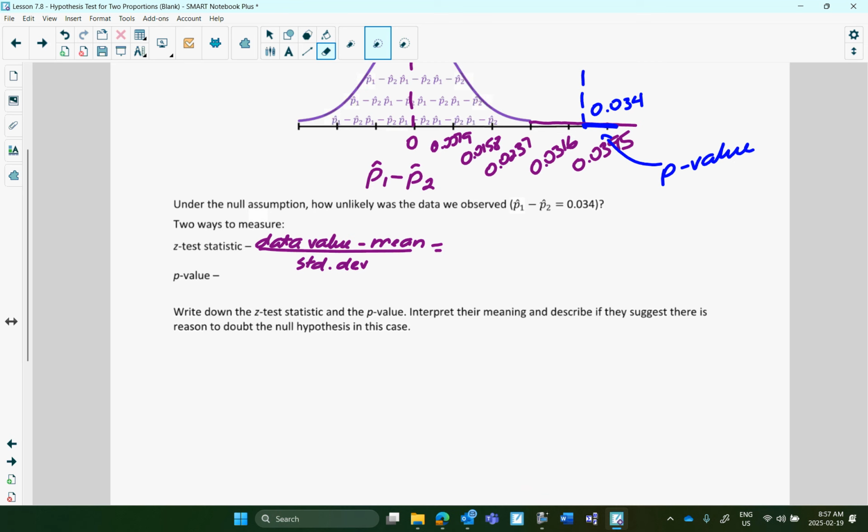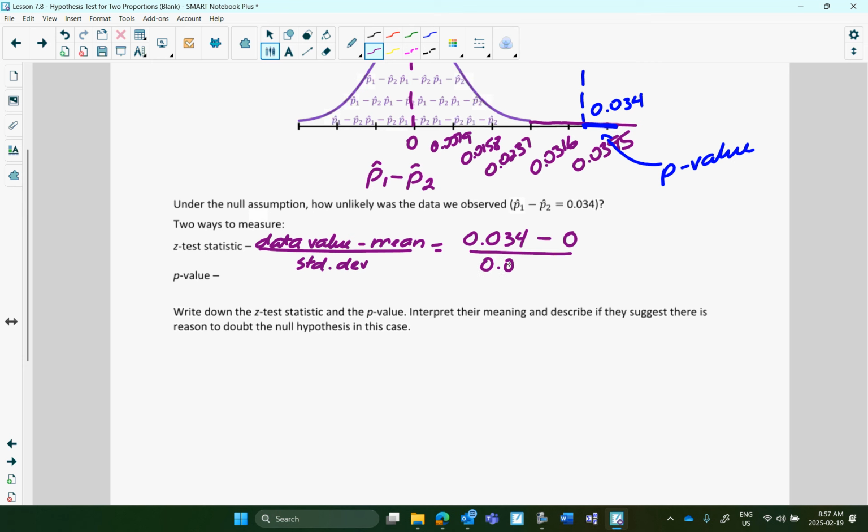So remember, our data value was the difference we got in our sample. The mean is the average you see above. It was 0. It's what we assume is going to be the mean under the null hypothesis, no discrimination. So the difference would be 0. And then instead of standard deviation, we used the standard error that we calculated.